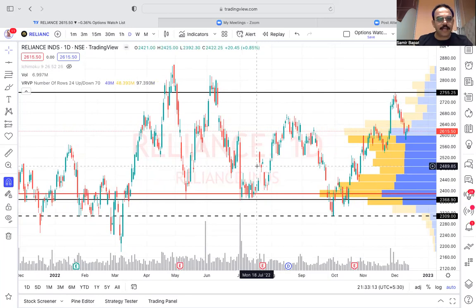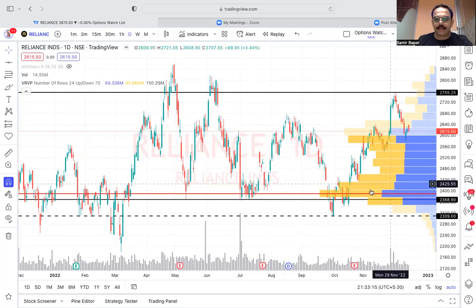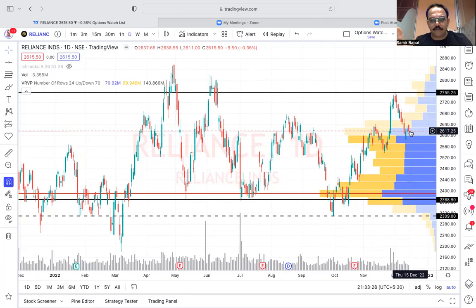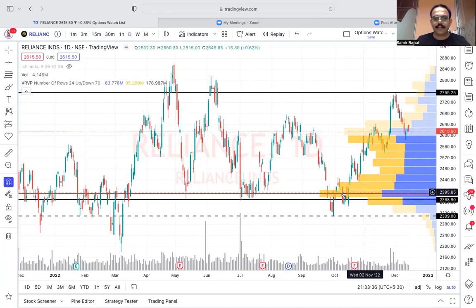Horizontally here, Rahul, you can see these blue and yellow bars here. I have put this VRVP. Forget yellow and blue right now, for immediate understanding. If this bar length horizontally is maximum, you see the horizontal length here, this is maximum.